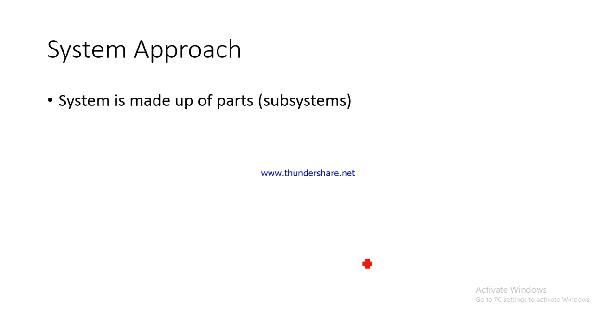Now please understand and remember this term. I have told you earlier also that you need to remember this particular term. The parts or the components of the systems are known as the subsystems, right? This is number one.